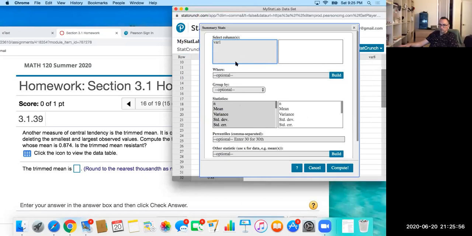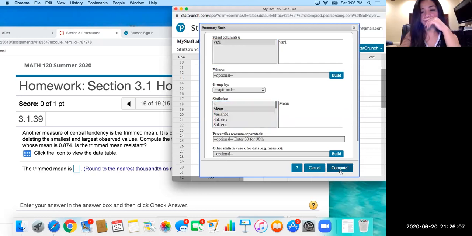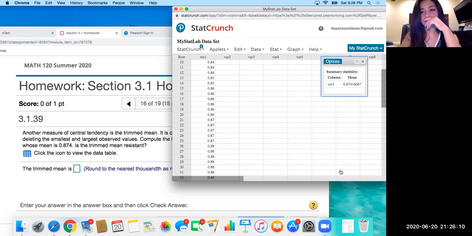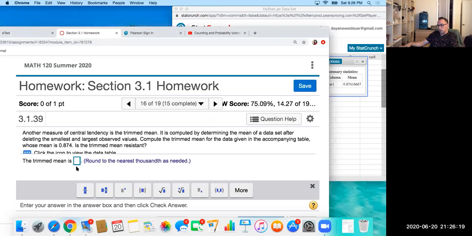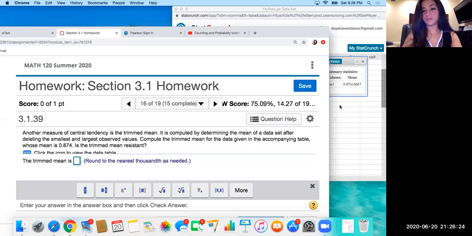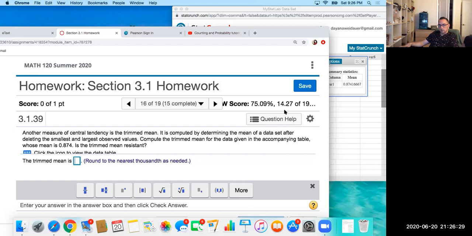Yeah. I'll just go to mean, because we've already trimmed it. 0.874. Yes. 0.874, to the thousandth.